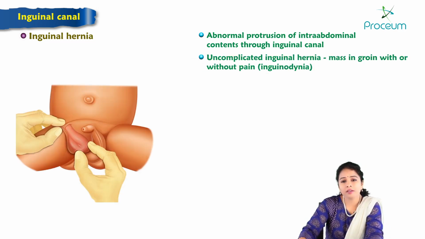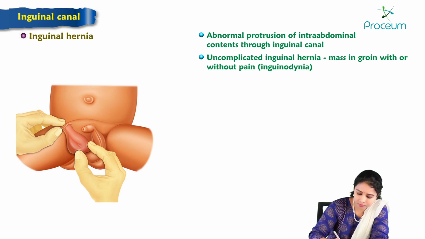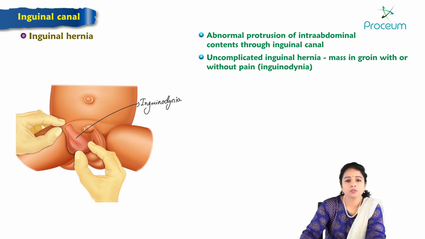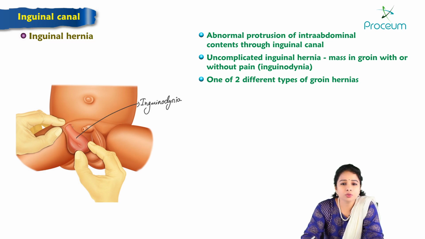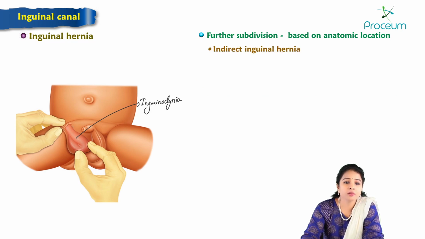An uncomplicated inguinal hernia typically manifests as a mass in the groin with or without pain, which is called inguinodynia. Inguinal hernia is one of the two different types of groin hernias. In addition to the less common femoral hernia, it can be further subdivided based upon the anatomic location, that is the indirect inguinal hernia and direct inguinal hernia.